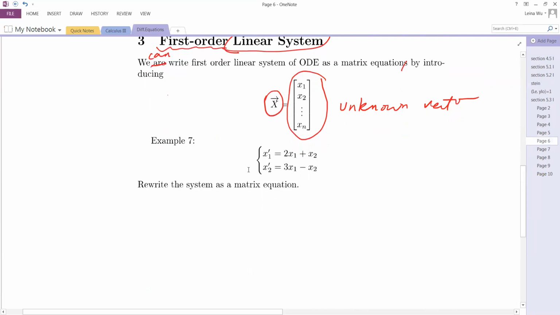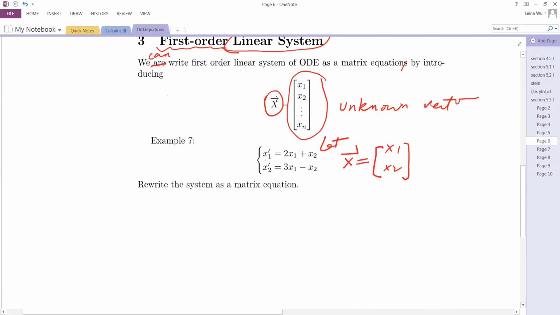Let's see. For example 7, we have x1 prime equals 2x1 plus x2, x2 prime equals 3x1 minus x2. What are the unknowns here? x1, x2. Yep, so I can just put this as an x vector, right? We can let x vector contain both x1 and x2.